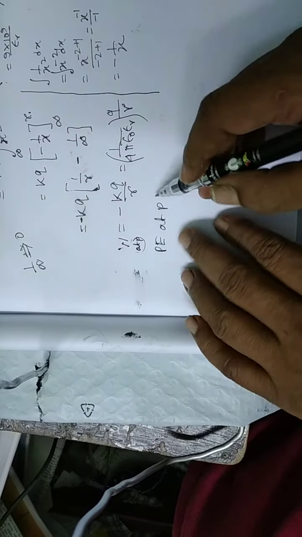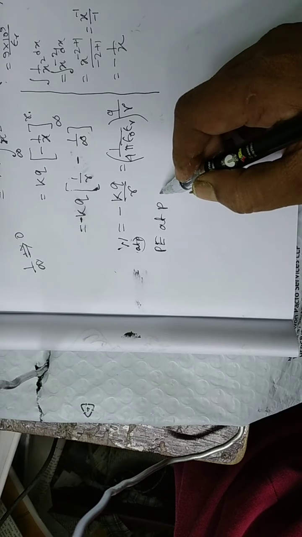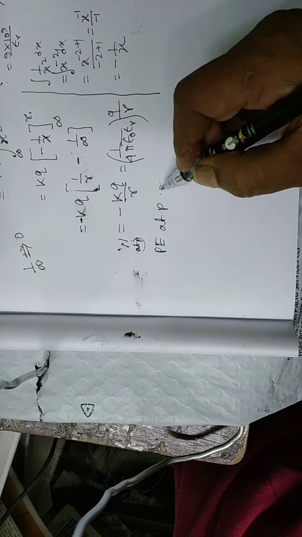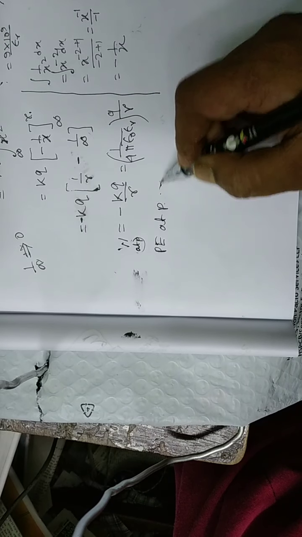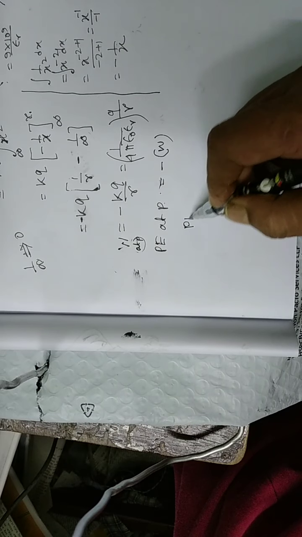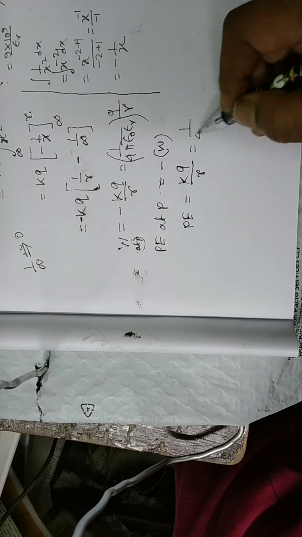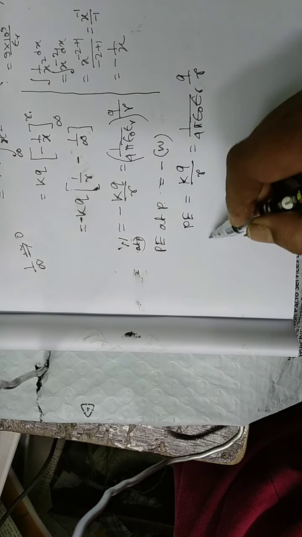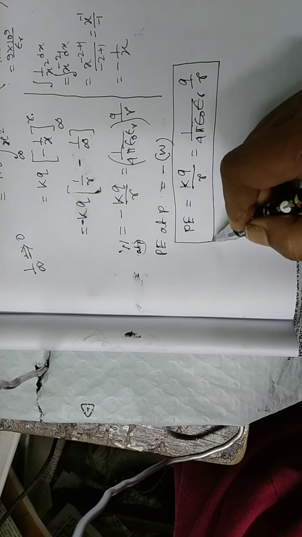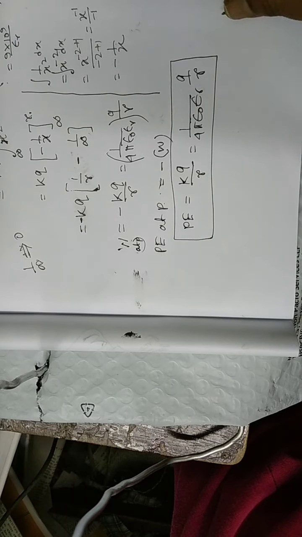So that is why the negative sign comes here. So potential energy, that is energy stored in the charge, at P is equal to minus W. So potential energy equal to k q by r, or 1 by 4 pi epsilon naught epsilon r q by r. This is potential energy, which is sometimes known as voltage in current electricity.